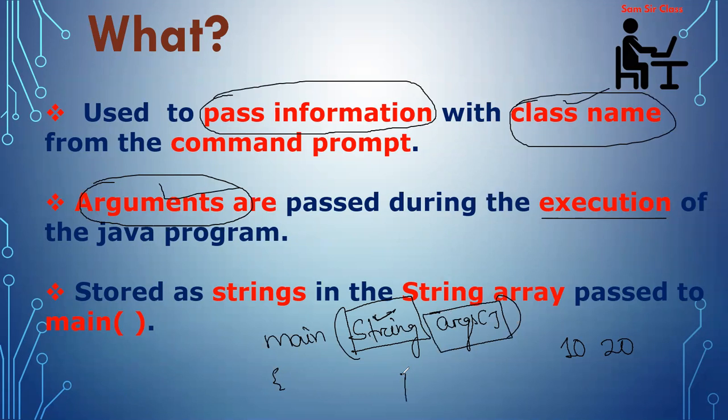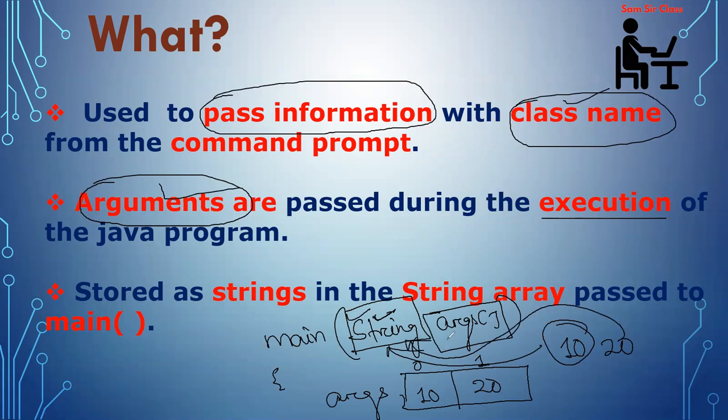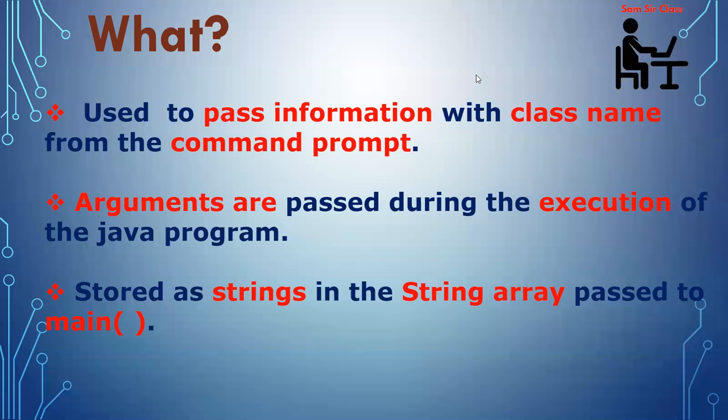This array will store 10 in the 0th index and 20 in the 1st index of the args array. It's a String type array, so 10 is treated as a string and 20 is also treated as a string. So how it will be stored, let's see through the example.